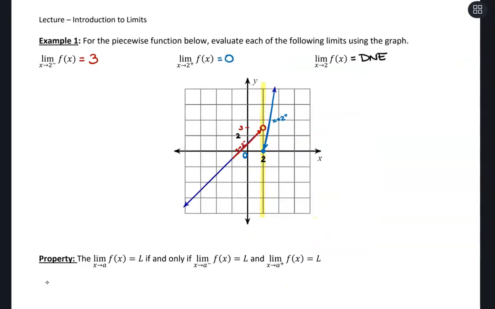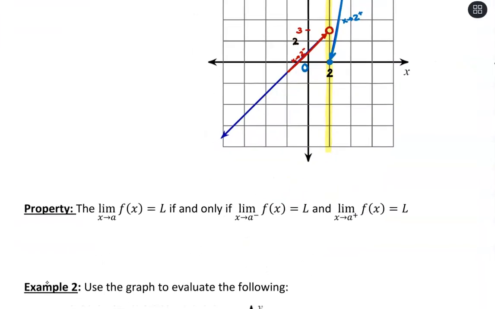That's a property that we have, and that's what's defined down here: the limit as x approaches a of f of x equals L if and only if the left-sided limit is L and the right-sided limit is also L. So if they're the same, then that's your two-sided limit. If they're different, then that limit does not exist.